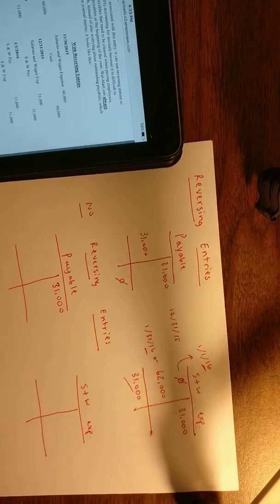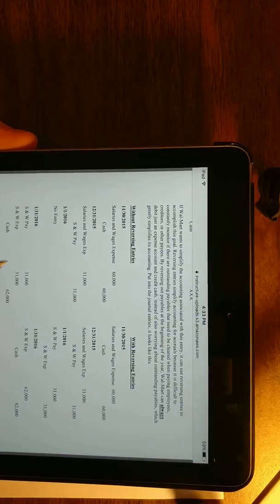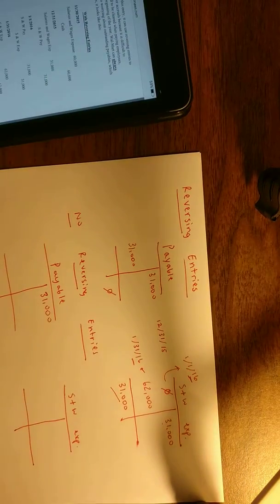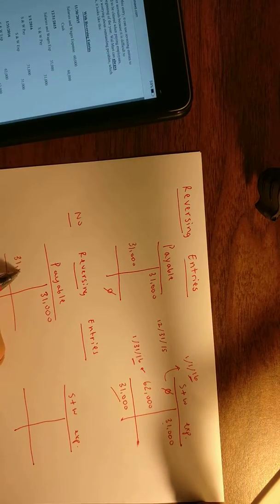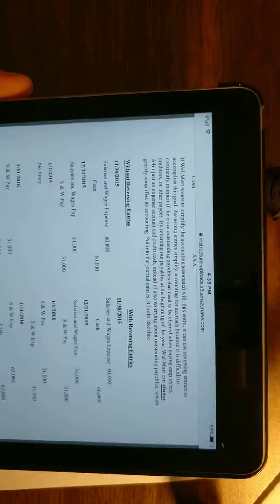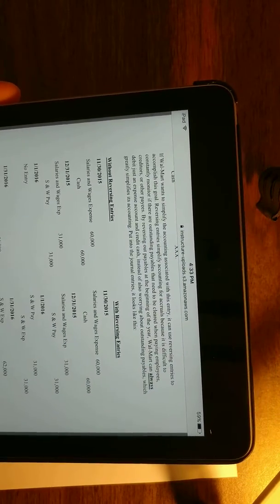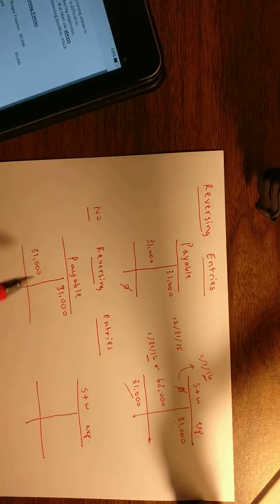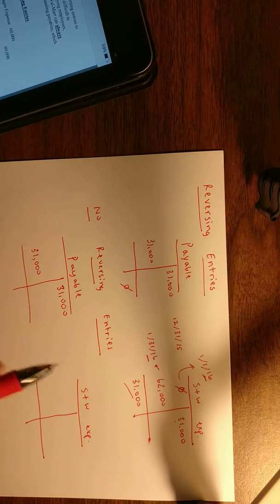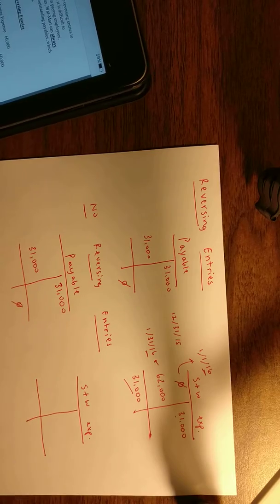And then we would have our salaries and wages expense account. So if we look at the journal entry that we made right here, we can see that we credited the payable for 31,000, right? And then we debited the payable, my bad. We debited the payable for 31,000, so that right here is clearing out the payable, so that has a zero balance, right? Same thing with reversing entries and not reversing entries.